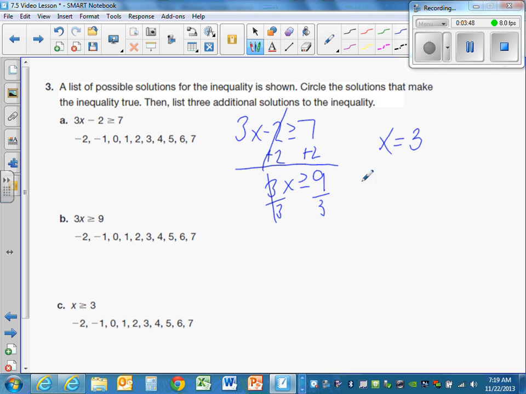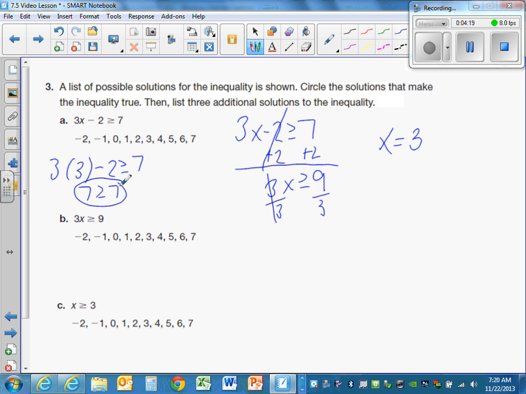This means that we can plug 3 back in to the x on this side. So if we plug 3 in, 3 times 3 minus 2. 3 times 3 is 9, minus 2 is 7. We need to find an answer that makes this statement true.